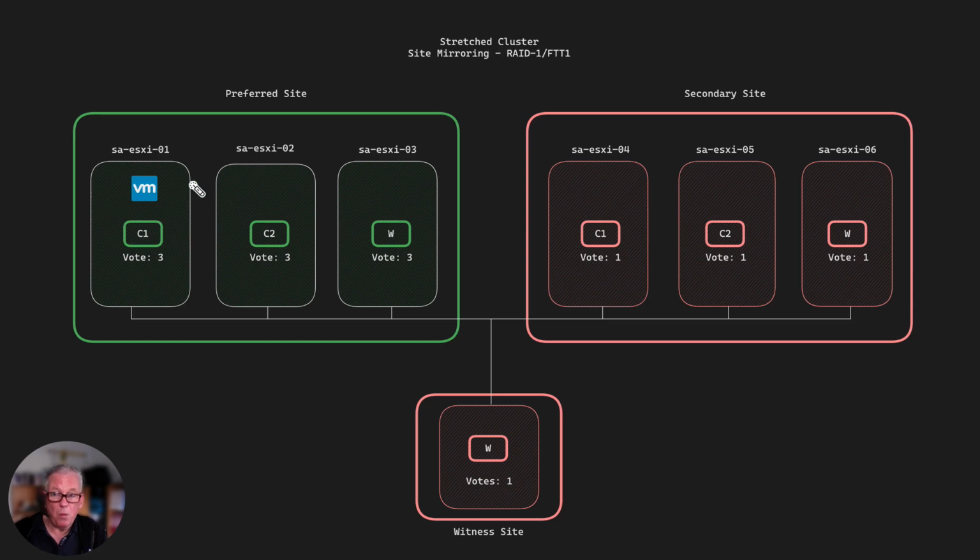So the VM will stay up and running on this preferred site, even though we've lost the witness site and the secondary site. That's where Adaptive Quorum Control kicks in. So we are not forced to power off this VM, even if we are the only surviving site in this stretched cluster.